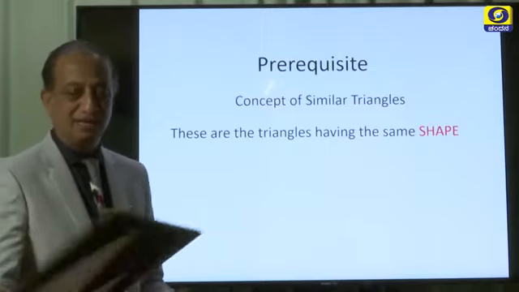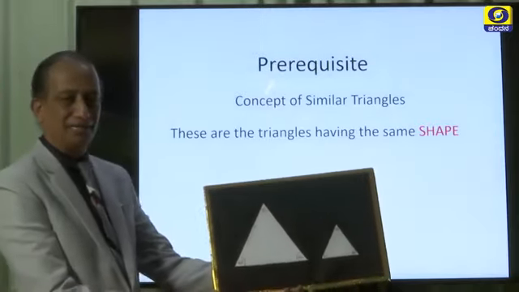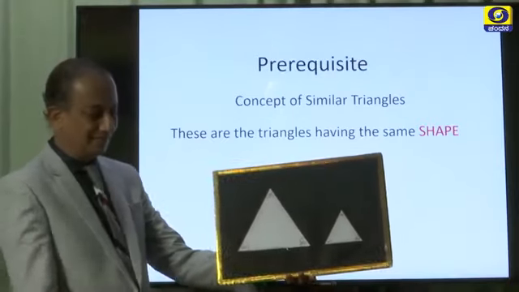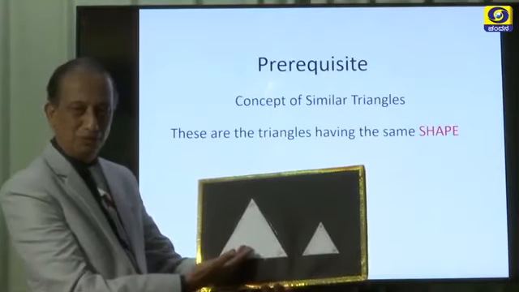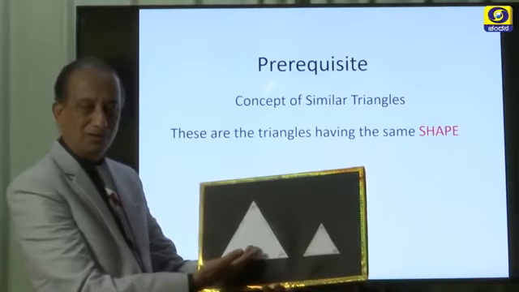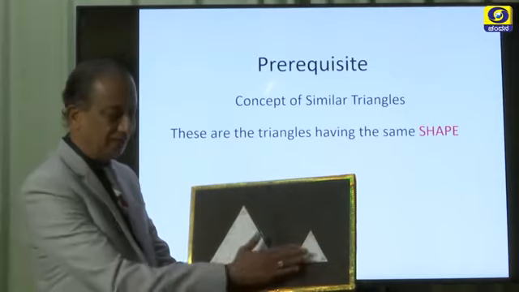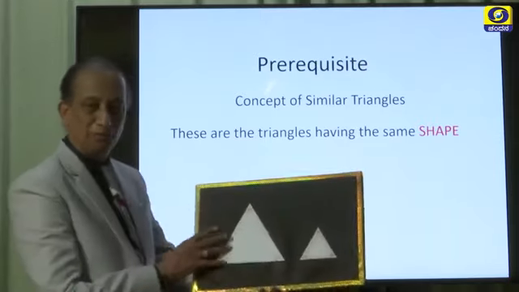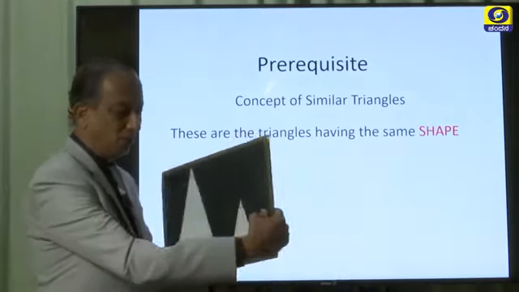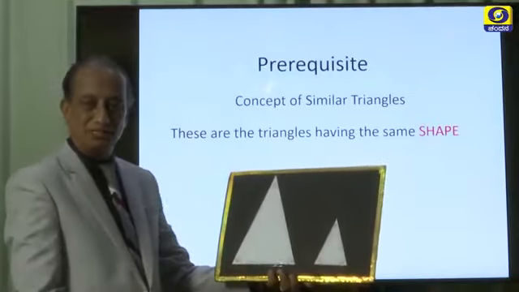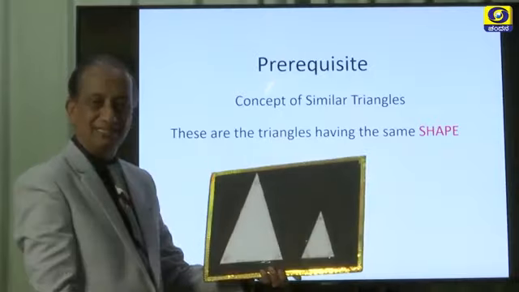So, here is a cardboard cutting. You can see here 2 equilateral triangles. See, they have got the same shape. So, these are called similar triangles. No doubt this is bigger and this is smaller, but the shapes are same. And one more pair of triangles you can see here are 2 isosceles triangles with 70 degrees each.